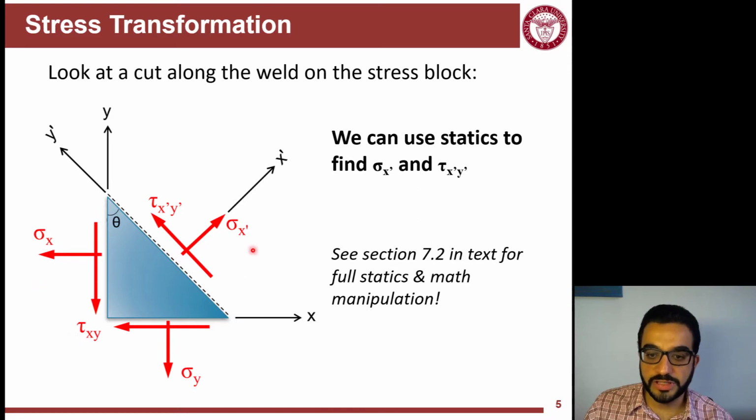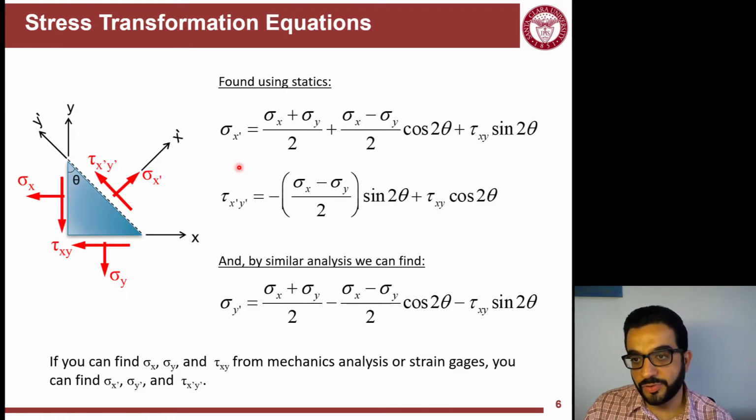So we'll not go into the derivation and the formulas of statics and equilibrium of that free body diagram, if we can say. But if you go to the textbook, whatever textbook you refer to, I'm referring here to the Beer and Johnston textbook, in that section, if you follow the derivation all the way to the end, you will find that I can relate normal stresses sigma x prime and sigma y prime, and also the shear stress tau x prime y prime at any angle theta, to a set of stresses sigma x, sigma y, and tau xy at theta equal to 0.